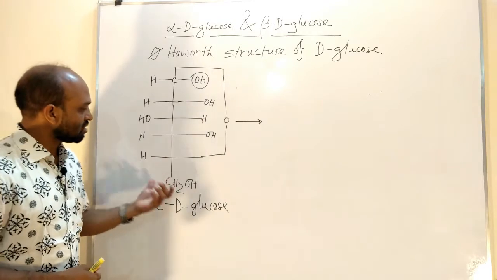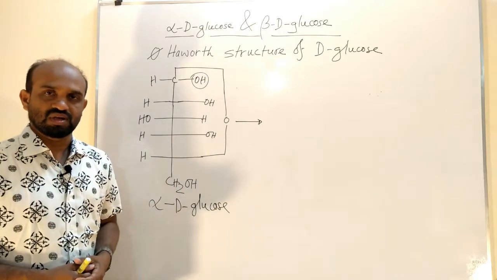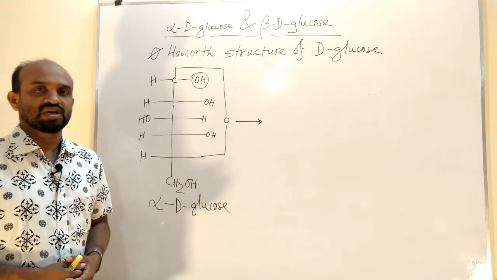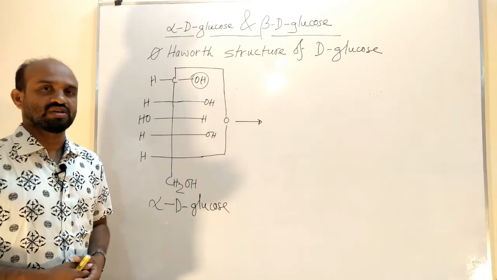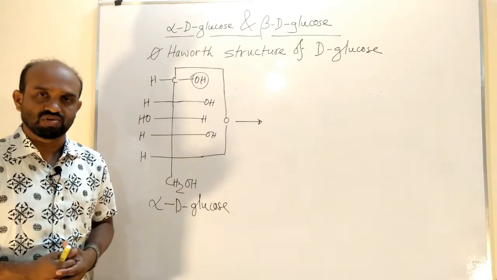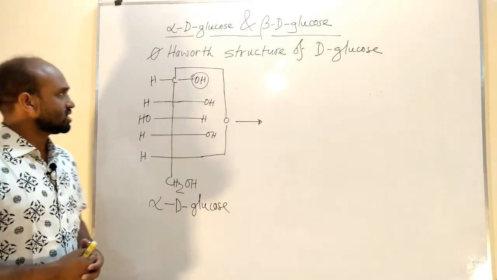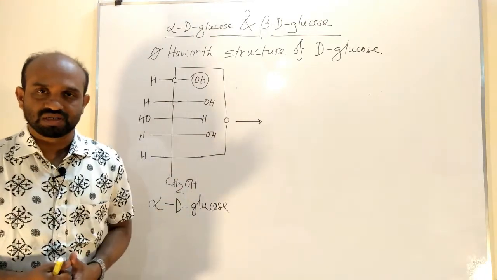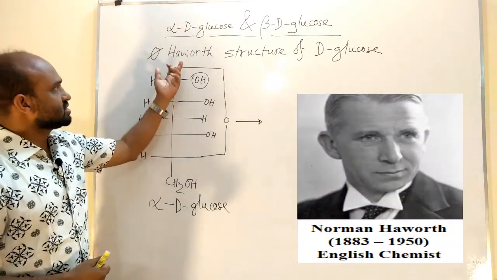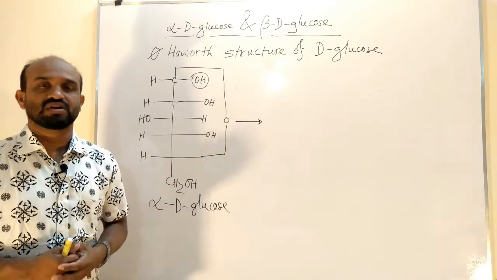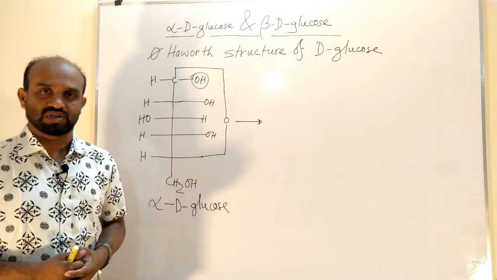This is alpha D glucose as well, but this open-chain alpha D glucose cannot explain the structure of starch and cellulose accurately. That's why, to overcome this disadvantage, English chemist Haworth proposed the hexagonal ring structure of alpha D glucose.